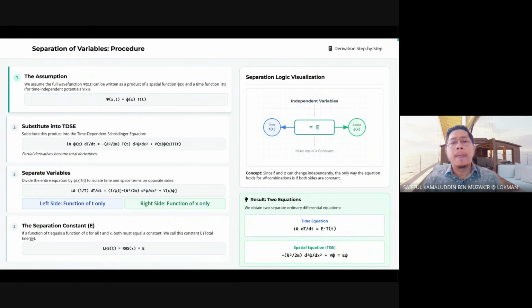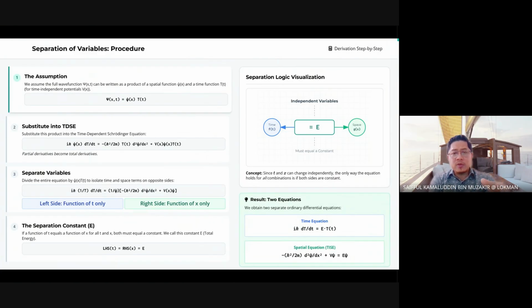Okay, now the wave function, we can separate into the space part and also the time-dependent part. So if we fix the potential, the spatial shape of the state can be studied independently from the time factor.